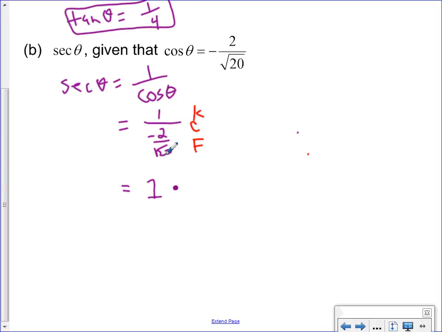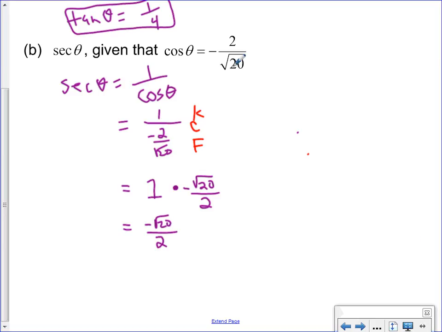So if you flip the fraction, you would get negative square root of 20 over 2. And that's just negative root 20 over 2. Now that was a really long way to just say flip that.